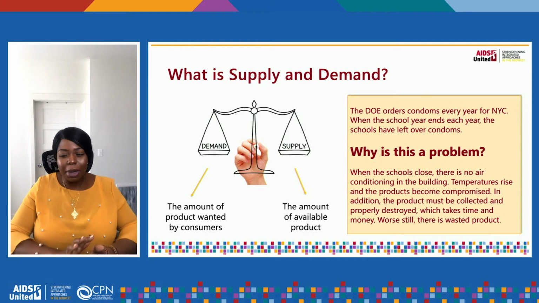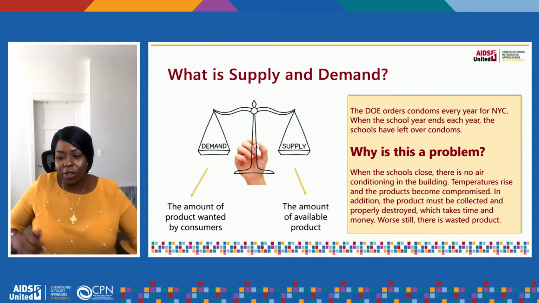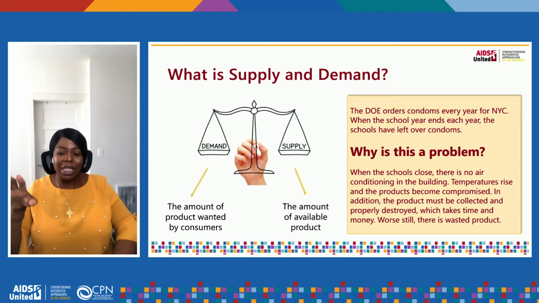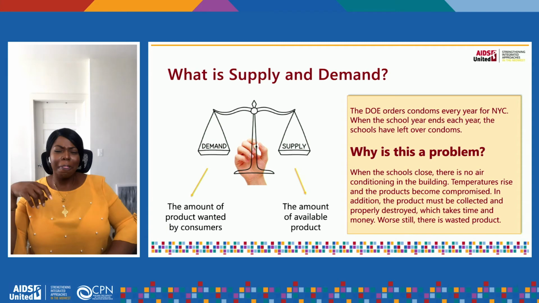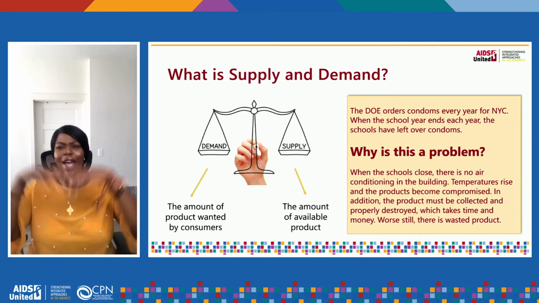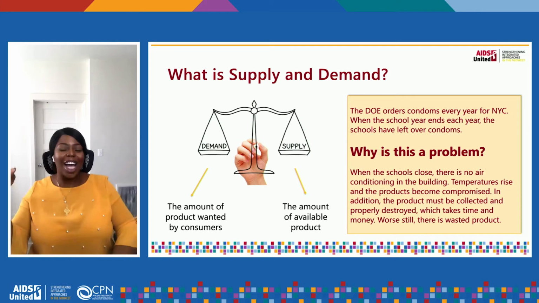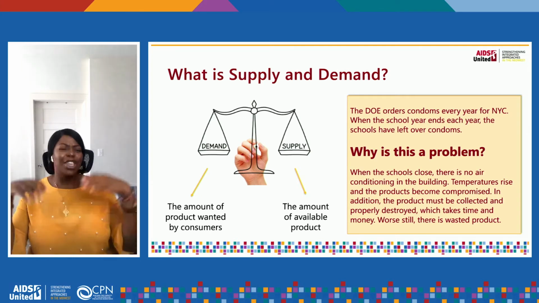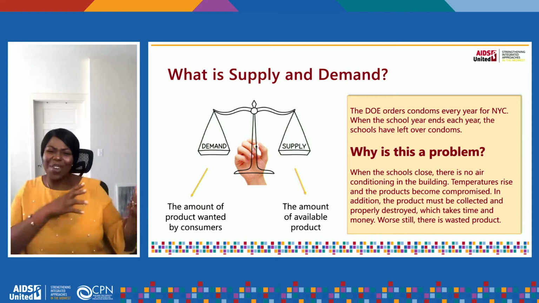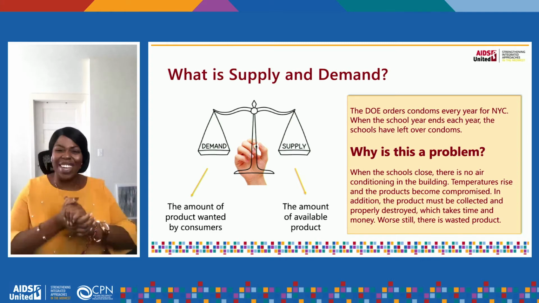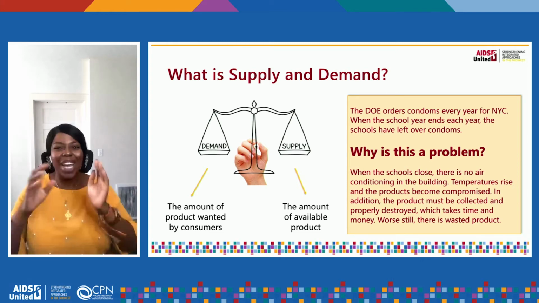Another aspect to think about when you're considering your supply needs is that different condoms have different price points. How many of us have been into clinics or college campuses or a Pride parade, and there are certain condoms you feel comfortable with that you've used before, and then there are some that you might have heard don't work well or don't taste right, so you leave those in the bowl and take the good ones.